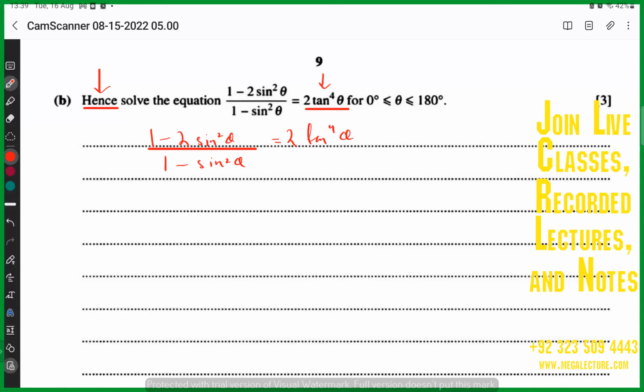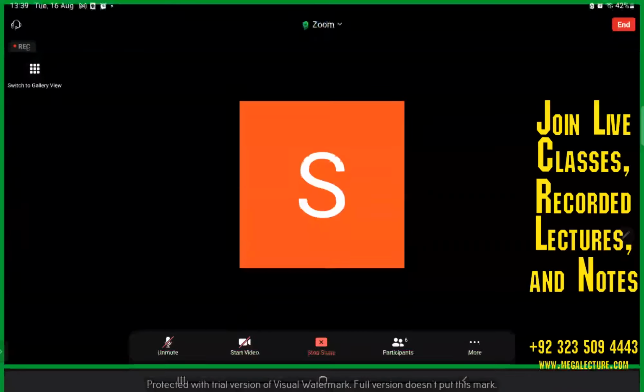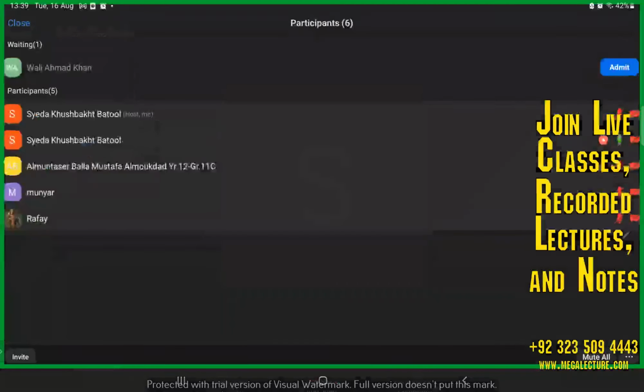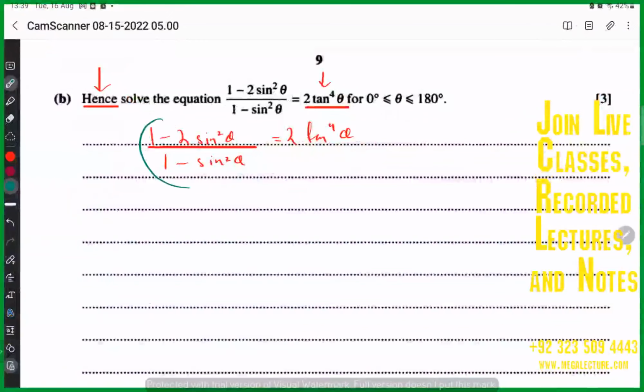So how do I achieve that thing? Okay, what I know is, let me admit the student. Okay, I know that it is 1 minus 2 sine square theta divided by 1 minus sine square theta.